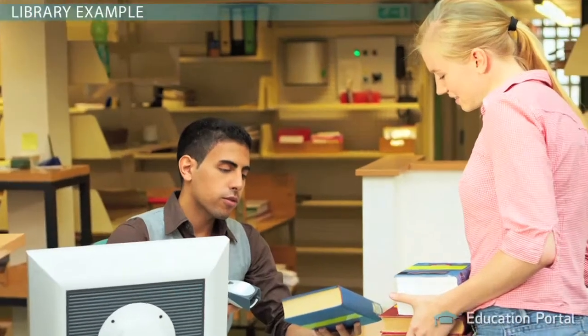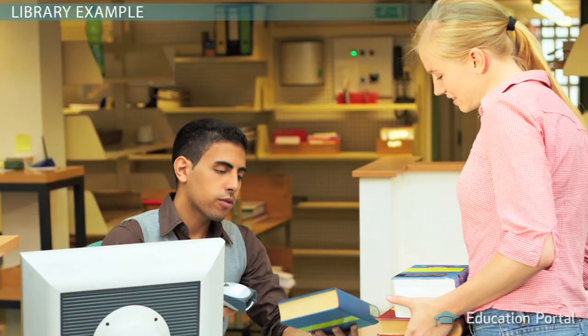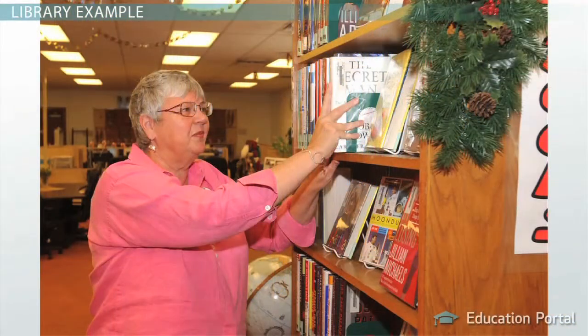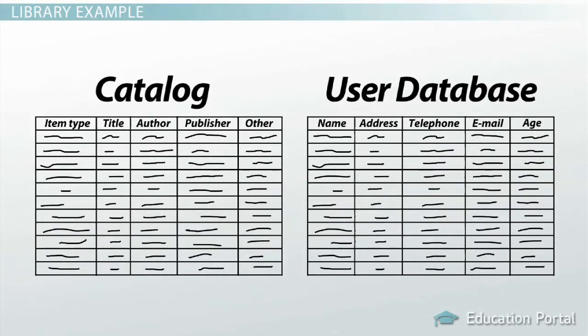Staff at the checkout counters process user requests. Librarians add new books to the catalog and help users find materials at other libraries. Senior staff at the library analyze how the collections are being used, which new materials should be acquired, and how to best meet the needs of the many library users. All of these decisions are informed by the various databases.